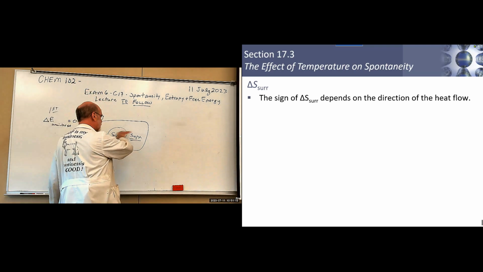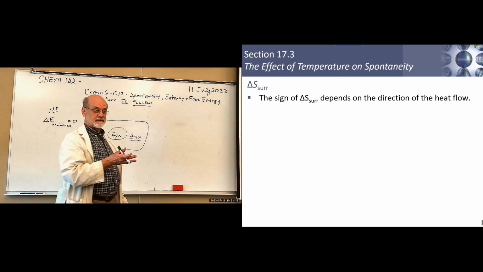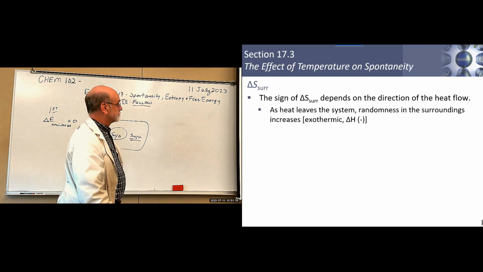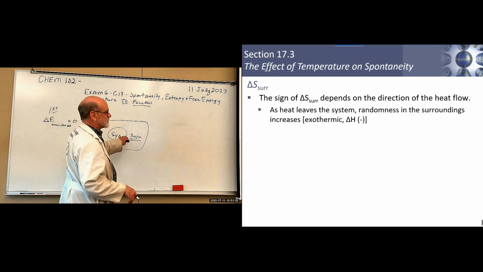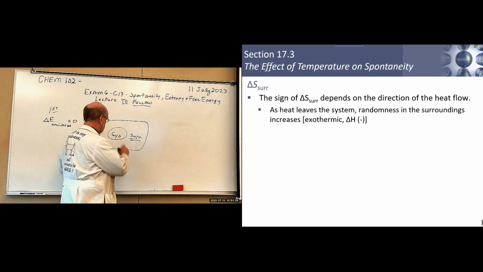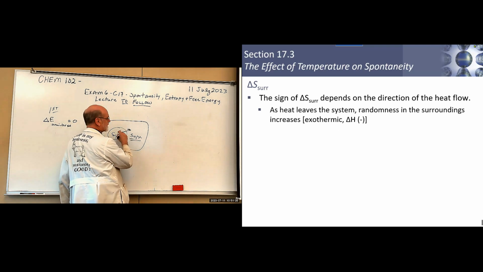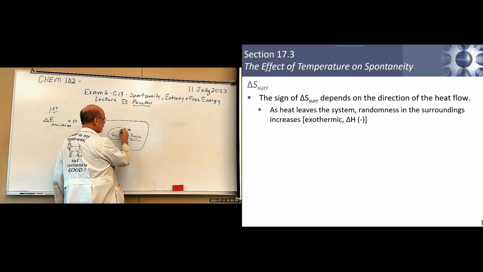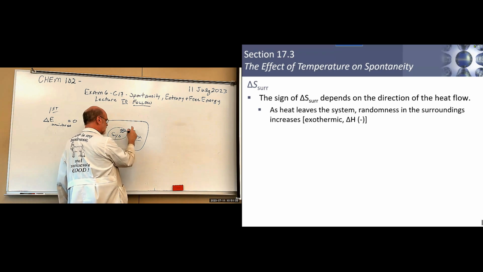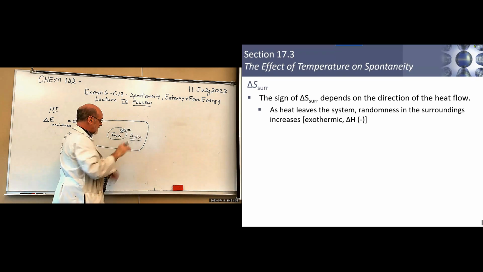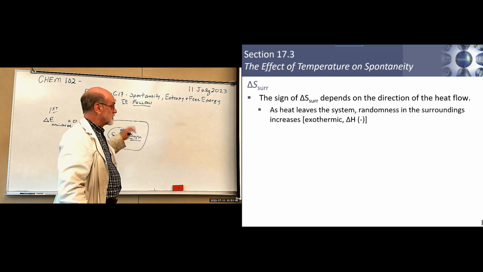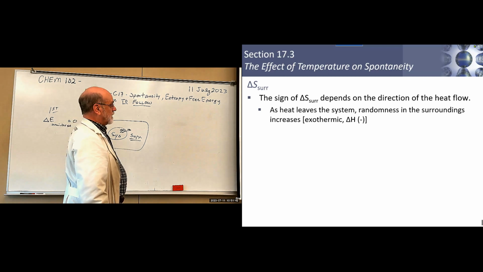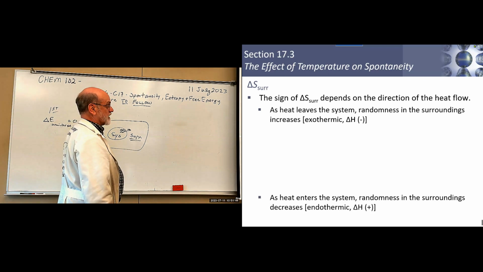If heat is flowing into the surroundings, entropy should increase. So as heat leaves the system, the randomness in the surroundings increases. In other words, if we are sending heat, and we say delta H there, it actually should be Q. So if we're losing Q from the system, it's entering the surroundings, and the energy entropy of the surroundings is increasing. And so the surroundings are going to be increasing for an exothermic process.